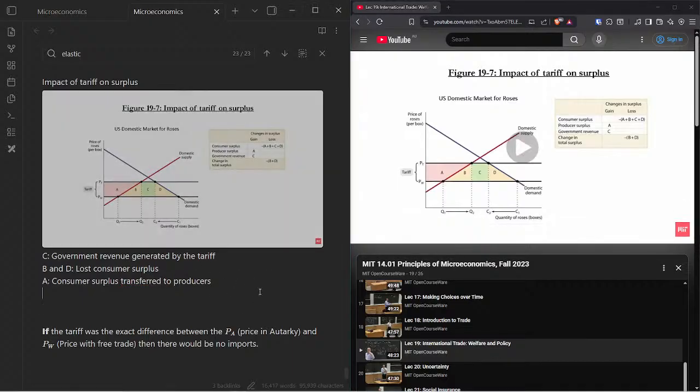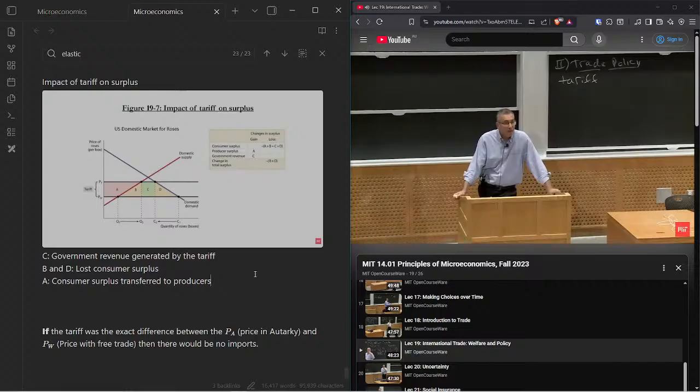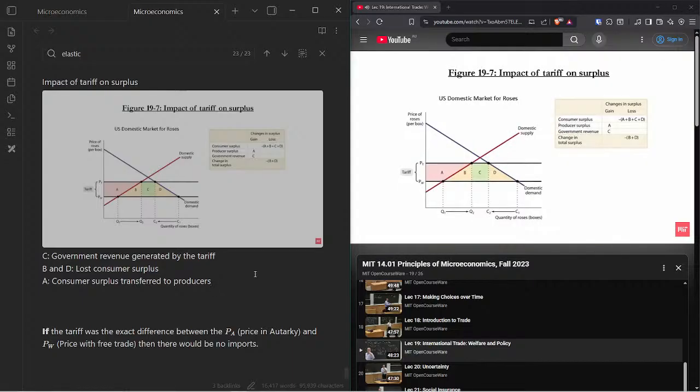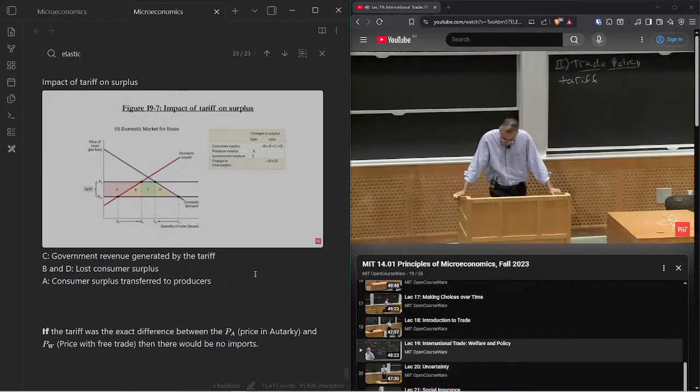Okay. Make sure you see that. Producer surplus is up by A. Why is producer surplus up by A? Because the price is up from PW to PT and they're selling more roses. Consumer surplus, however, has fallen by all of A, B, C, and D. Consumer surplus is down by the entire trapezoid A, B, C, D. That's all sales that were under the demand curve above the price that are now gone.